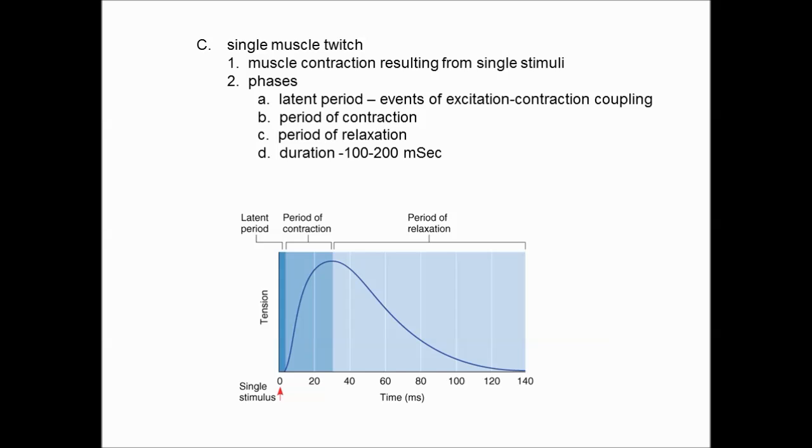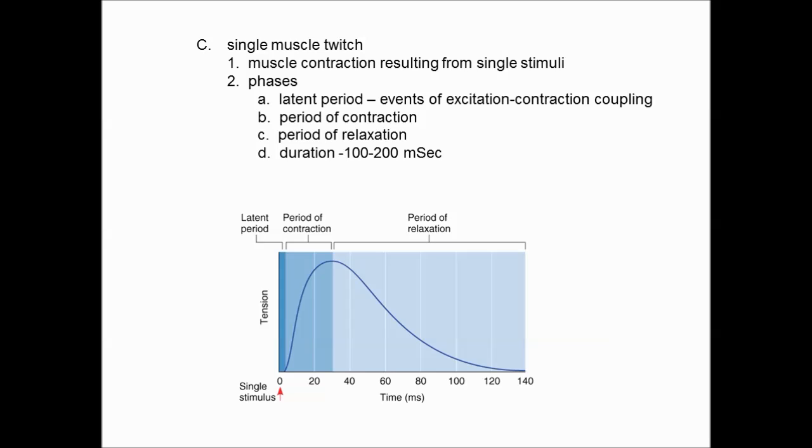Okay, then I put on here a little bit about a muscle twitch, and we'll get back to this story subsequently. A muscle twitch is the contraction that occurs when we give a single stimulus to a muscle. Right here would be the stimulus, and there's always a period of time where nothing occurs before the muscle starts shortening.